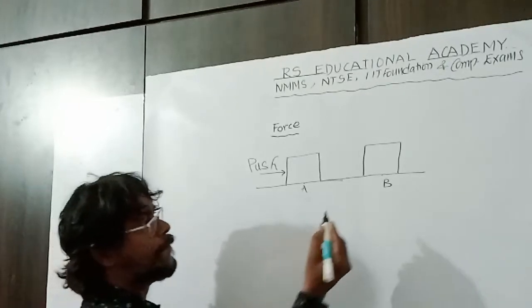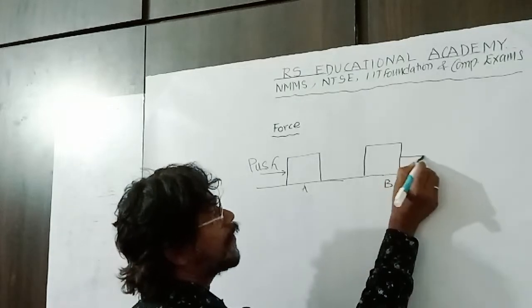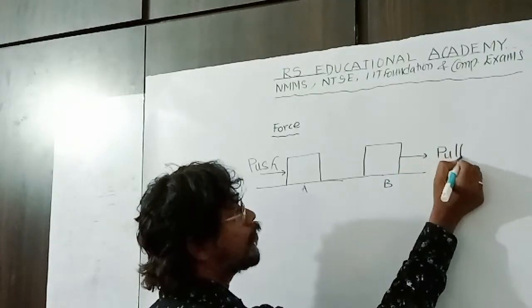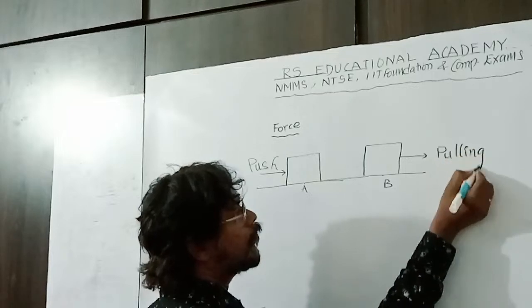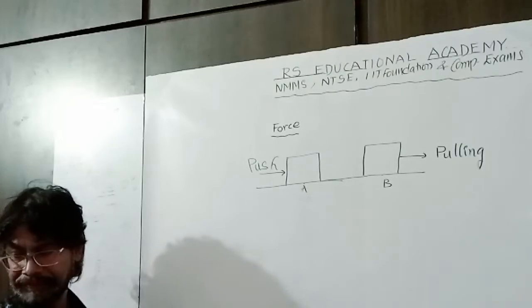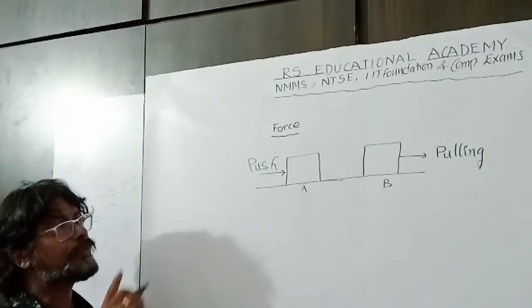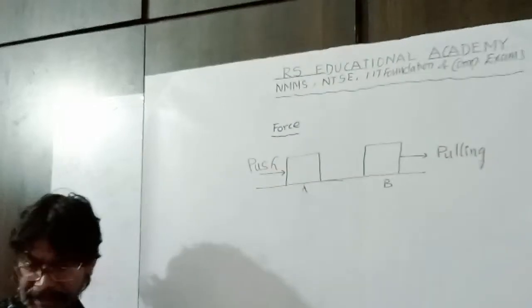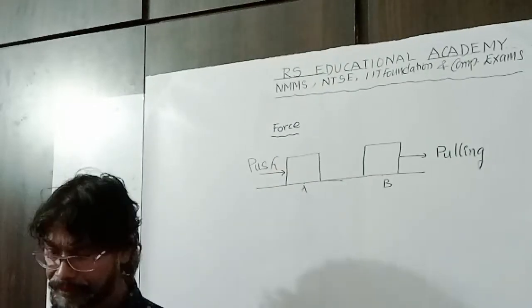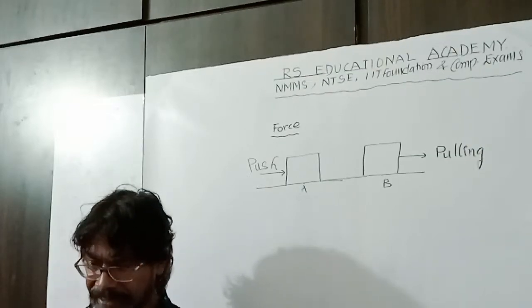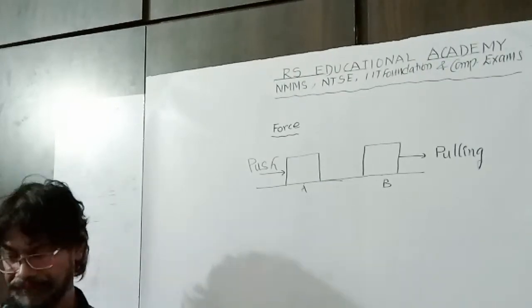In the same way, this is pulling. We are pulling the object by threading it. So the push or pull which is used to change the position of an object is called a force.